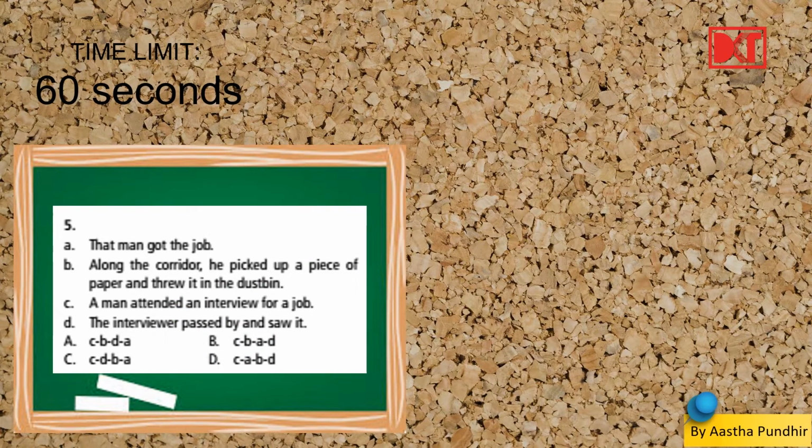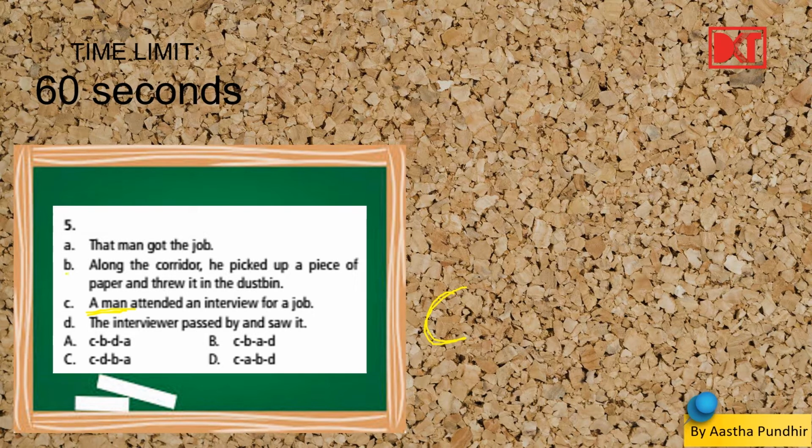Okay, here we have that man got the job. Along the corridor, he picked up a piece of paper and threw it in the dustbin. A man attended an interview for a job. The interviewer passed by and saw it. Okay, so where is the subject? Here. A man attended an interview for a job. C. Okay.